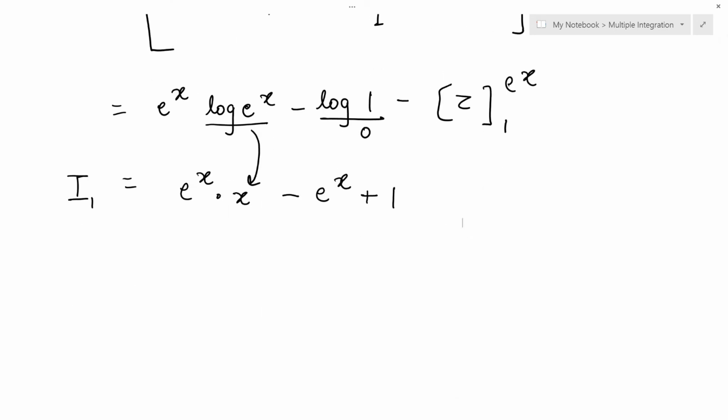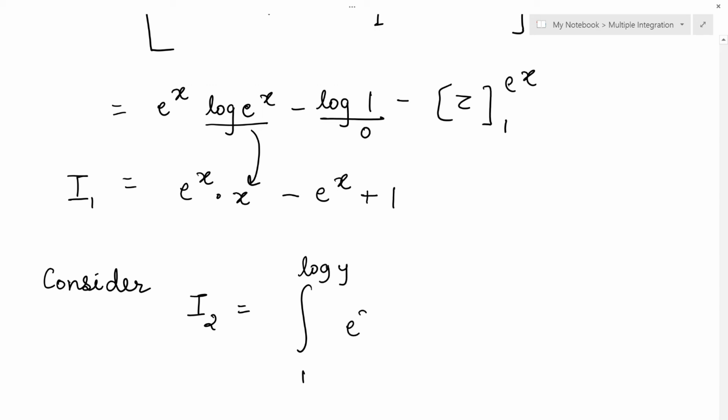Now I will consider the next integration, I2. So the next integration I2 will be for 1 and log y. This same thing, you will write the answer that I've got, e raised to x plus 1, right?